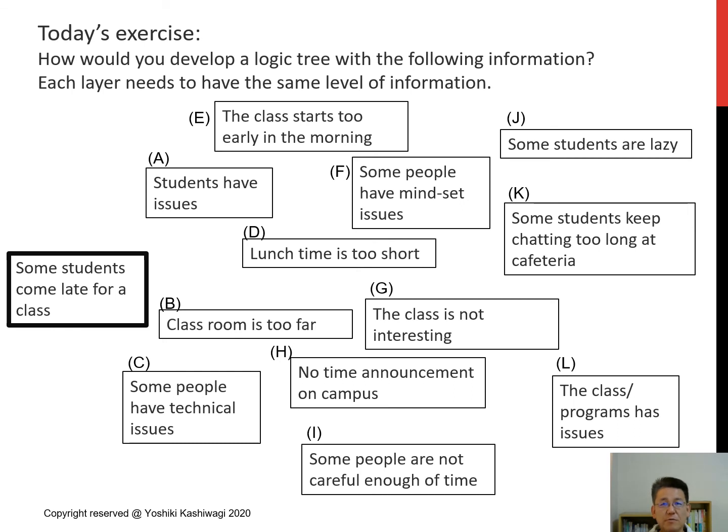Which one comes into the second layer or third layer? You do not have to copy the sentences in each box, but you can use the alphabet to make a tree. I want you to take some time to complete the tree. You do not have to add a new box. You can just focus on the given boxes, reasons. And I want you to complete a logic tree with these boxes.